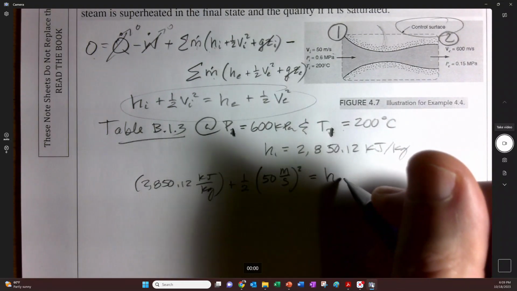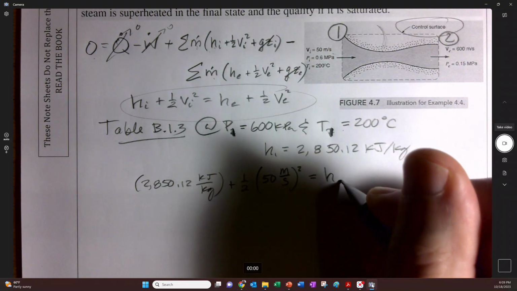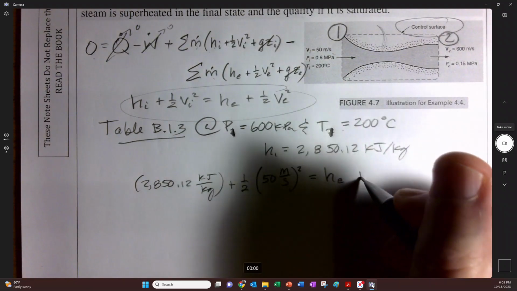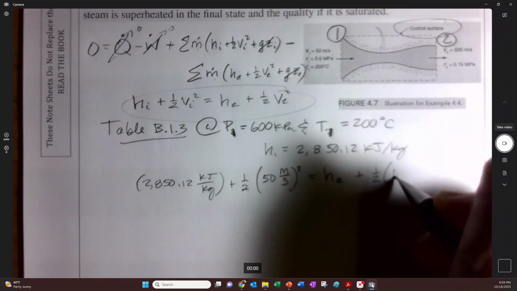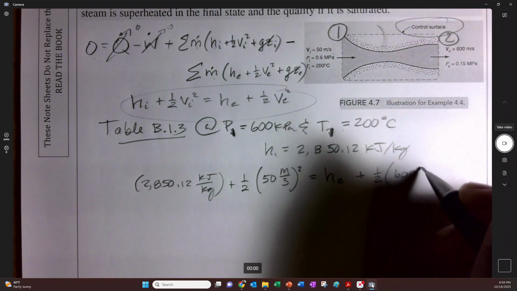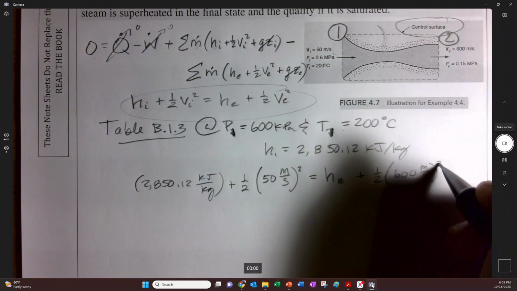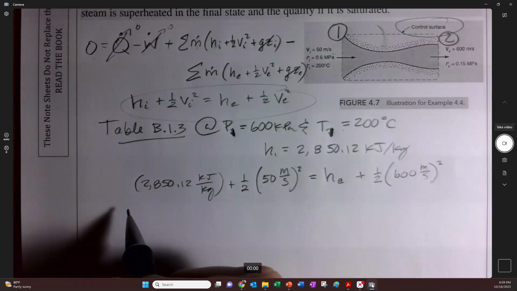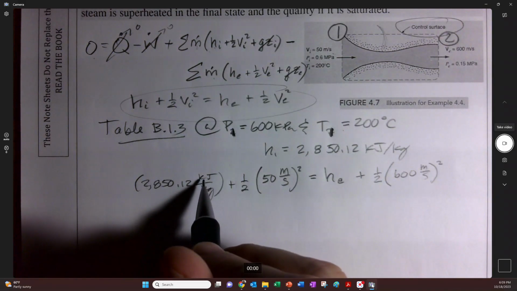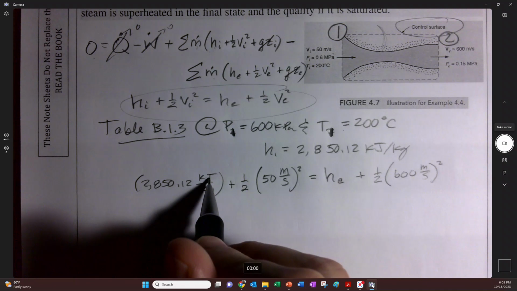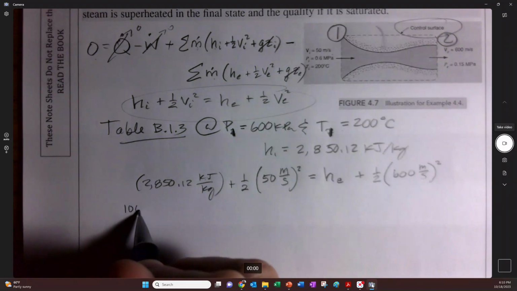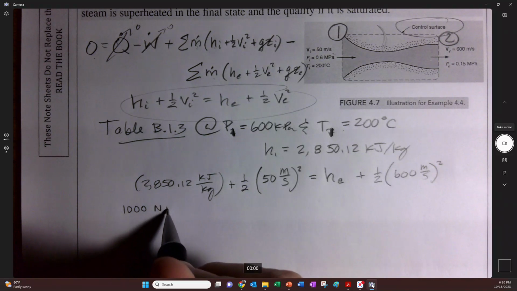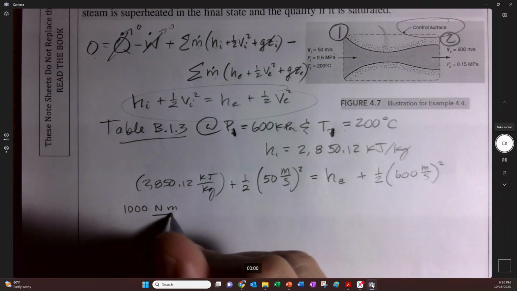That's the big question. And we'll try to get to the big answer here in a second. 1/2, and we said this coming out is 600 meters per second, and I'm going to square it, so meters squared per second squared. Well, let's take a look. This is a kilojoule per kilogram, right? Which is going to be 1,000 Newton meters per kilogram.